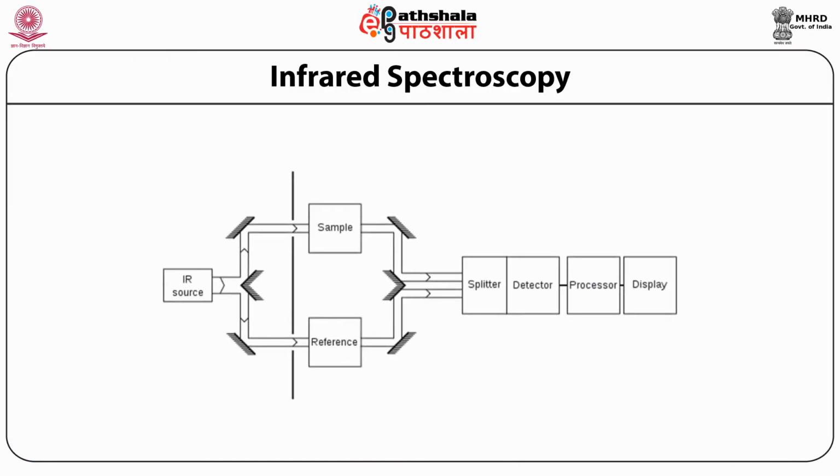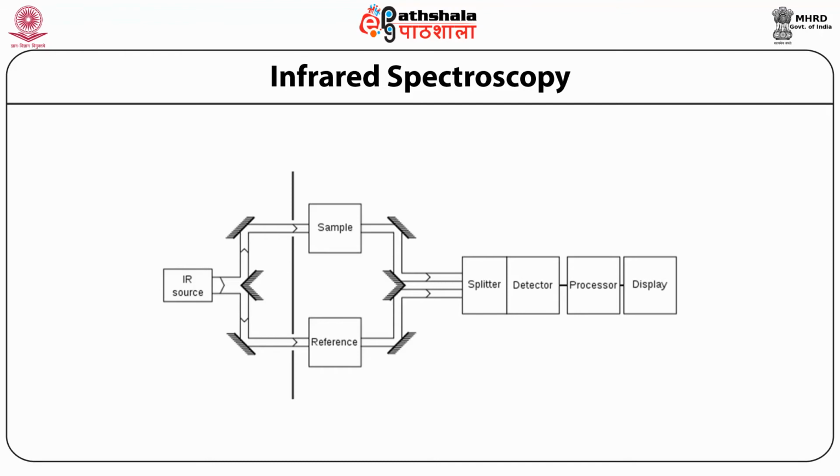This is the schematic representation of the IR spectrophotometer, where the IR source is used to generate the IR radiation that is passed through the reference and the sample cell simultaneously, so that reagent solvent correction can be made by this process.